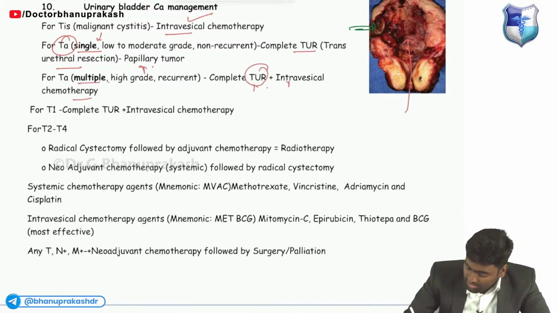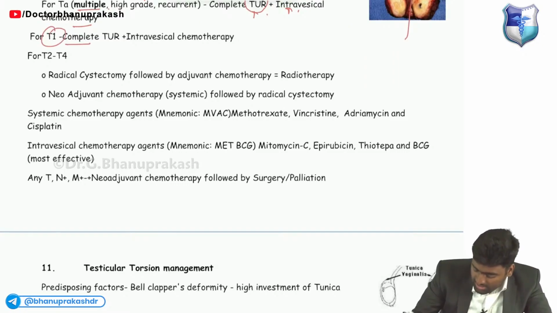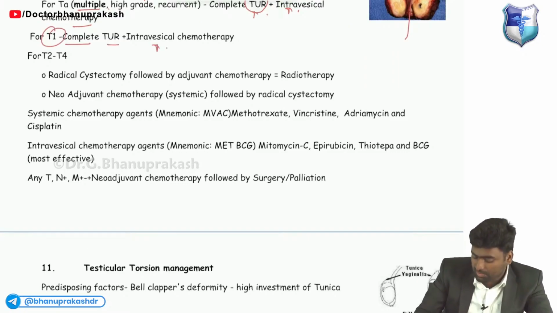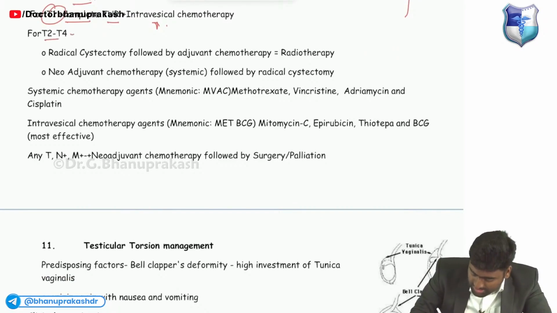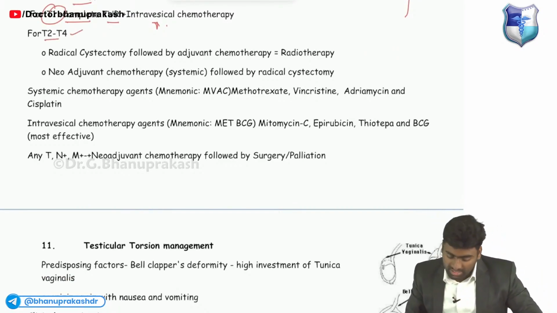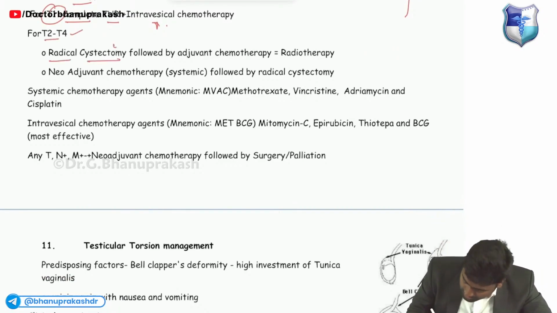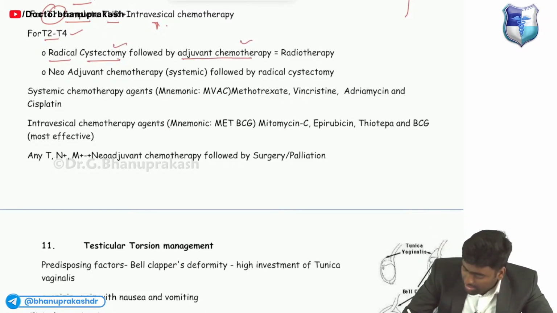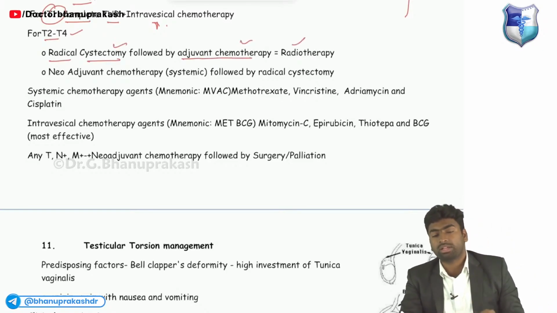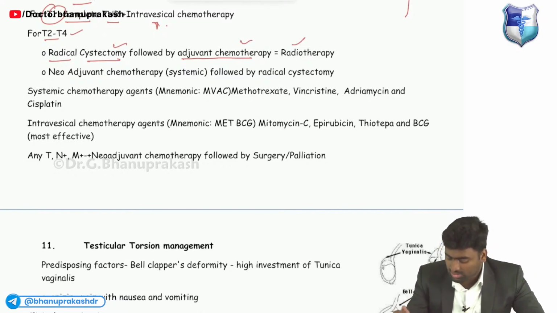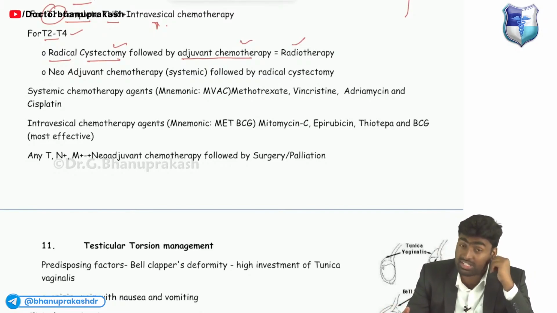He will resect and give chemotherapy. For T1, we also do the same, TUR plus intravesical chemotherapy. For T2 to T4 stages, we will remove the bladder. We'll do radical cystectomy followed by adjuvant chemotherapy and radiotherapy.